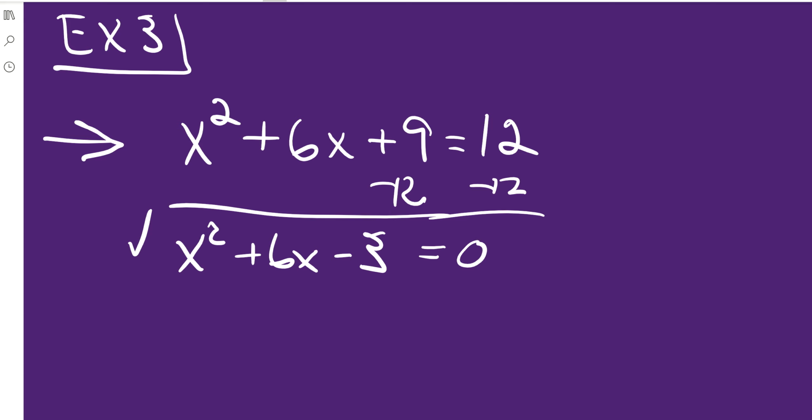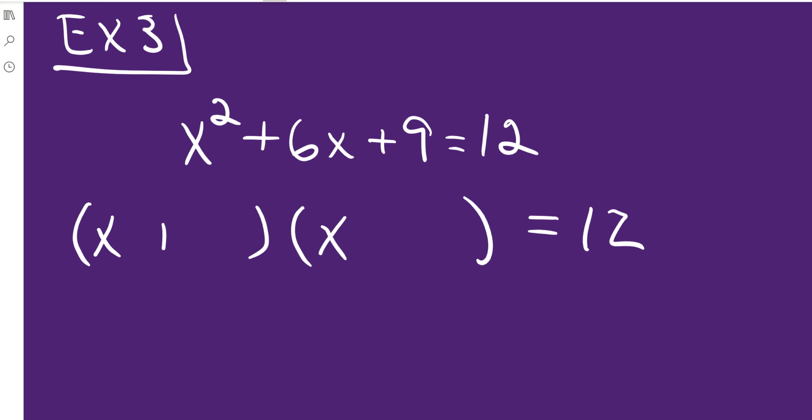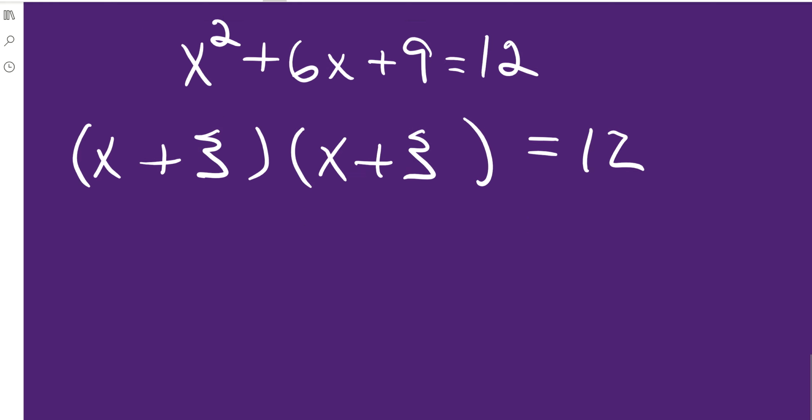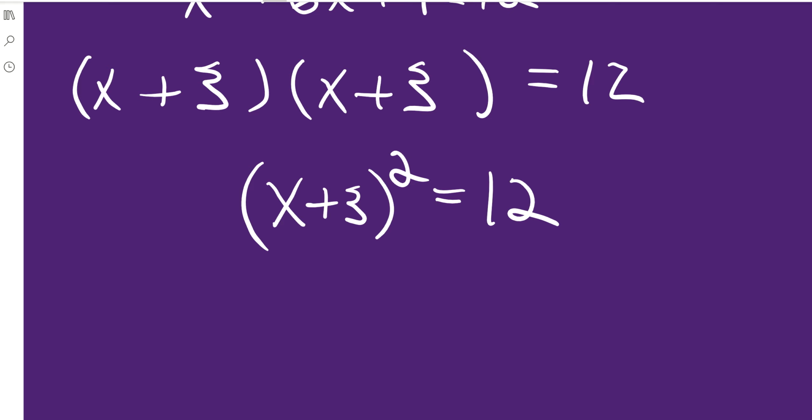All right, so here's what they want us to do. What's needed here is for us to recognize x squared plus 6x plus 9 can factor and equal 12 this way. I have x plus 3, and then I can write it up as x plus 3 squared equals 12. That's more in tune of what we're learning in chapter 7 now, using the square root property.